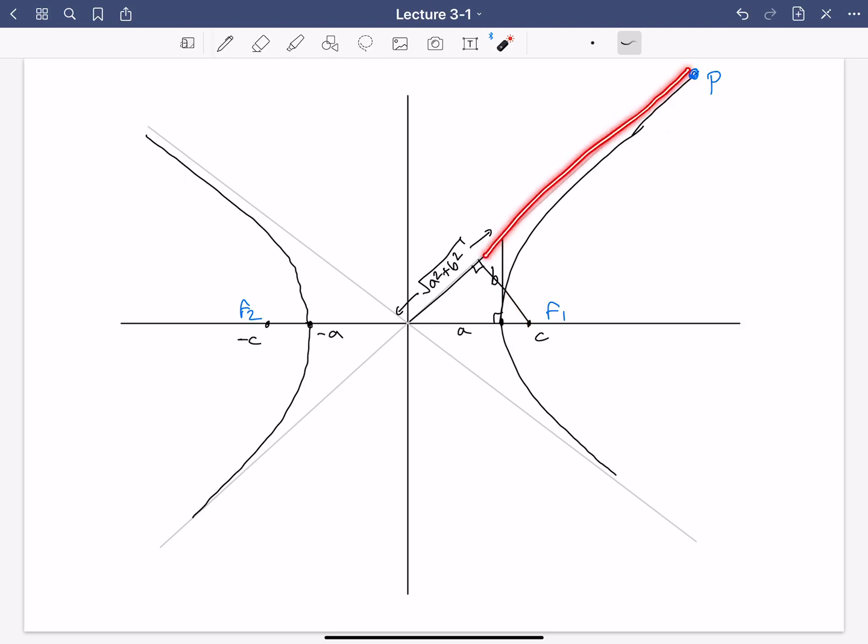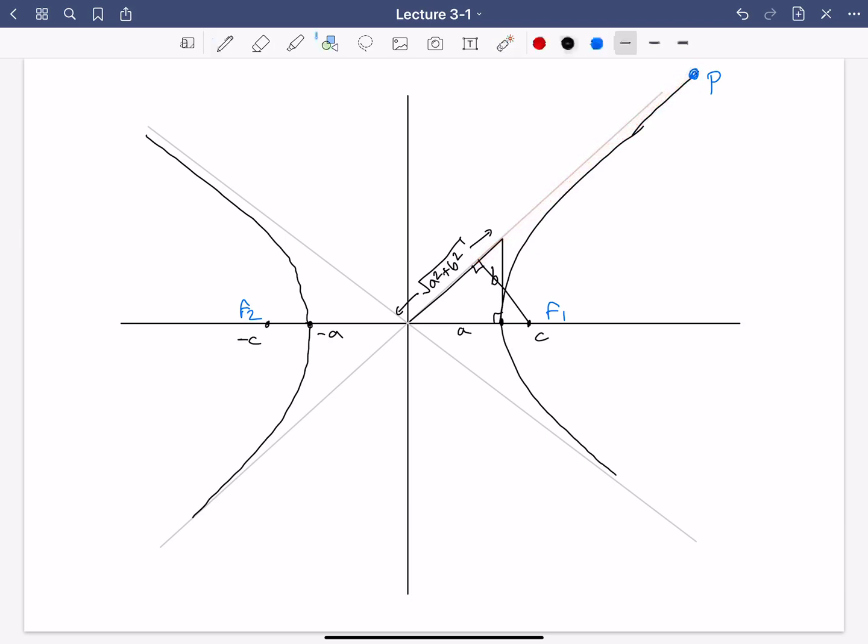And so I may as well basically treat P as being on that diagonal asymptote. And that's going to be pretty much an isosceles triangle. This length is going to be absolutely negligible compared to how far away P is. So the distance from P to F1 is pretty much the same as the distance from P to that orthogonal projection.